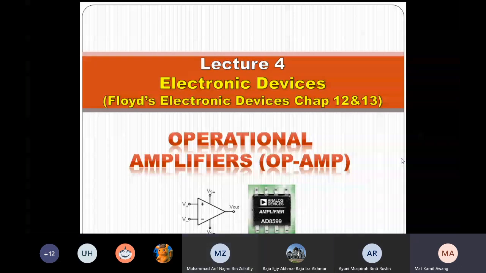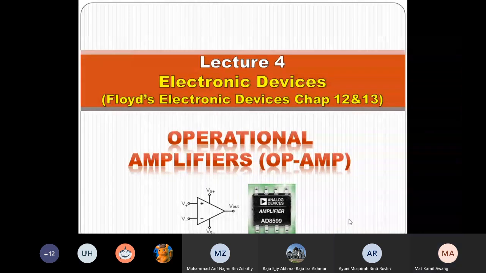OpAmp, basically the operational amplifier. The purpose of the amplifier is to amplify the signal. We have learned in the BJT that it can be used as an amplifier.